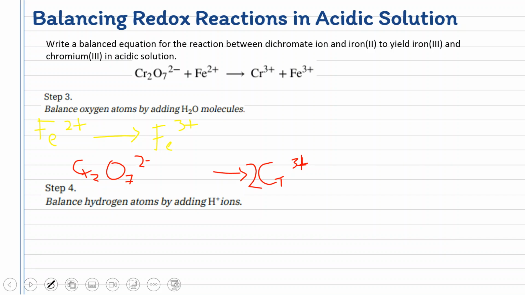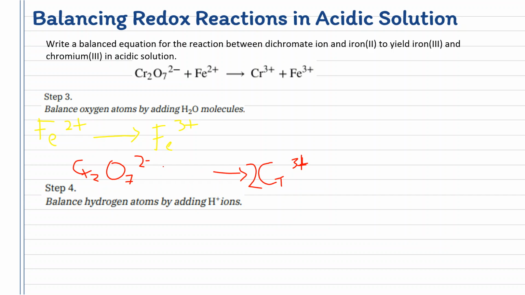Now it's telling us that in this step, balance oxygen atoms by adding H2O. How many oxygen atoms do you have here? You can see 7 here. This 7 is affecting oxygen. There are 7 oxygen atoms, so they're saying balance oxygen by adding H2O.